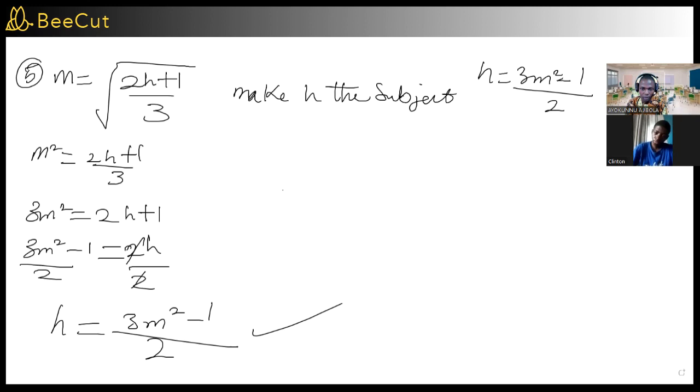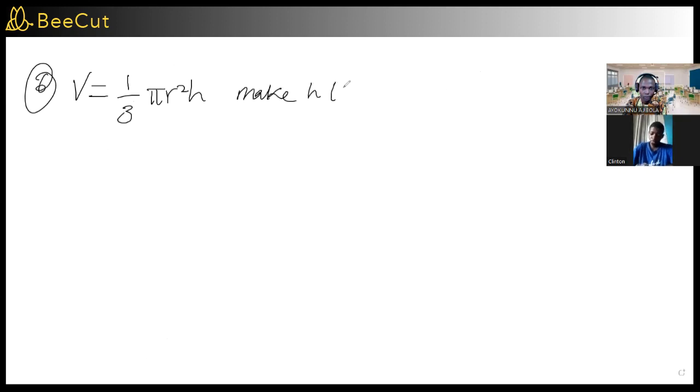So by making H the subject of the formula, let me put it down for number 6. V equals 1/3 pi r squared h. So here you have to make H the subject. So try this now. Let's see how it goes.